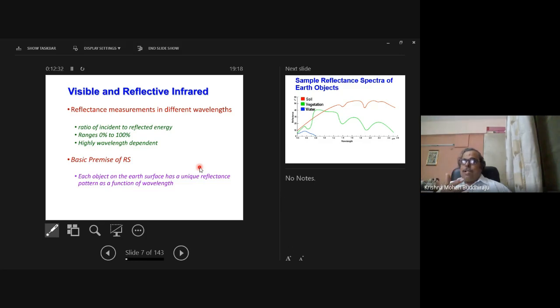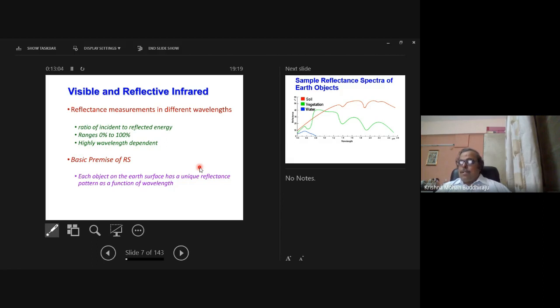Water has one kind of behavior, green vegetation has another, dry soil yet another. So if you have sensors operating in an appropriate set of wavelength bands, you'll be able to collect data with which you should be able to discriminate between different kinds of target objects on the ground.